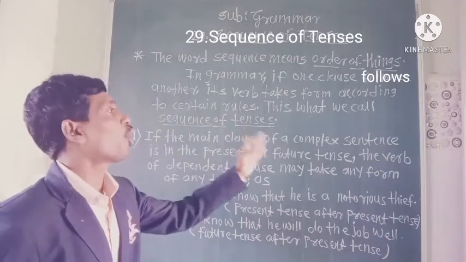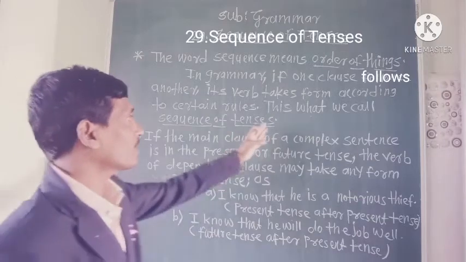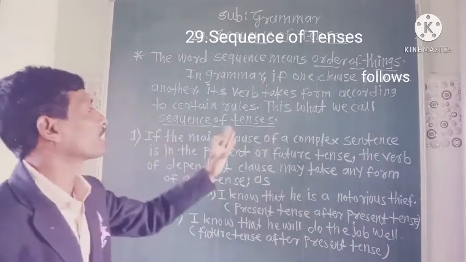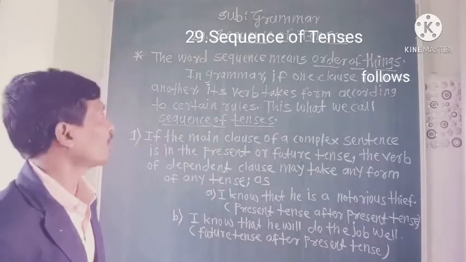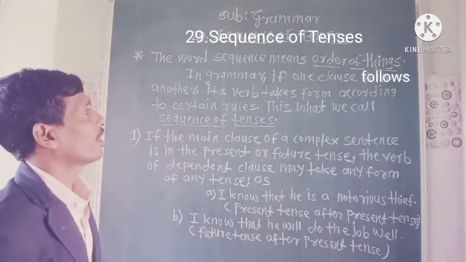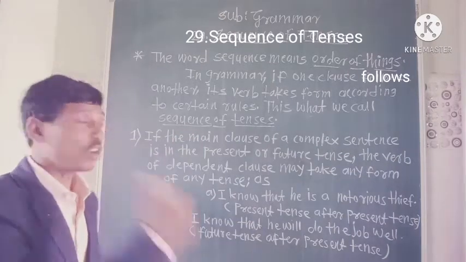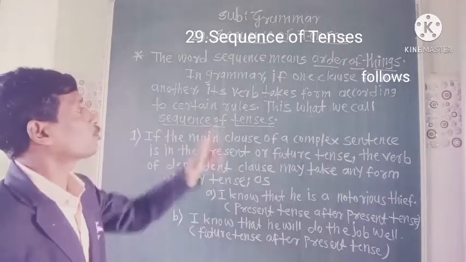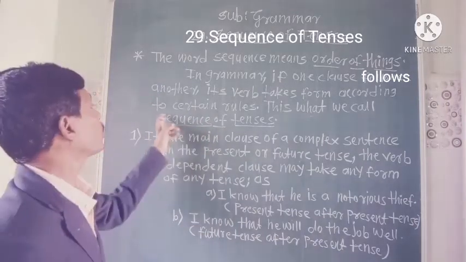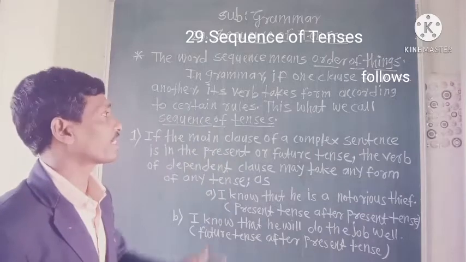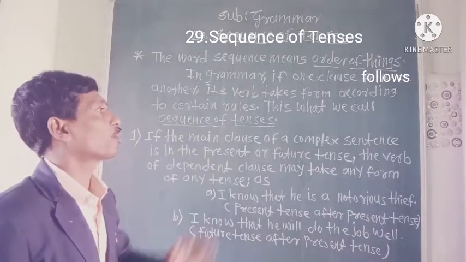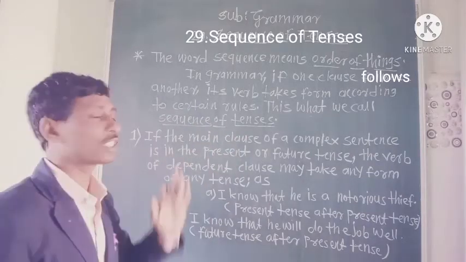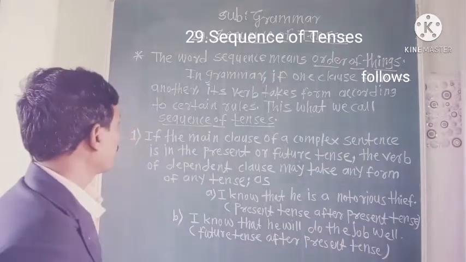This is what we call sequence of tenses. So dear students, in grammar, one clause follows another clause. Its verb takes form according to certain rules. This is what we call sequence of tenses.